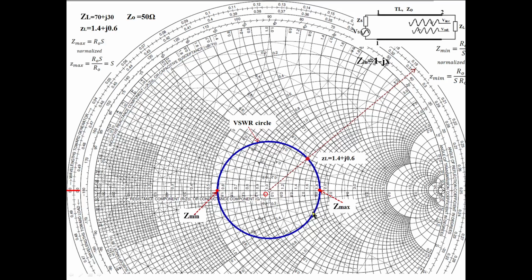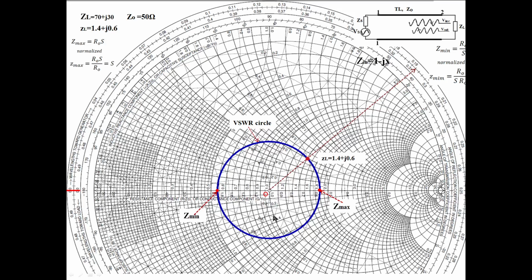As I go on moving towards the generator, you stop wherever this VSWR circle intersects the R equal to 1 circle.